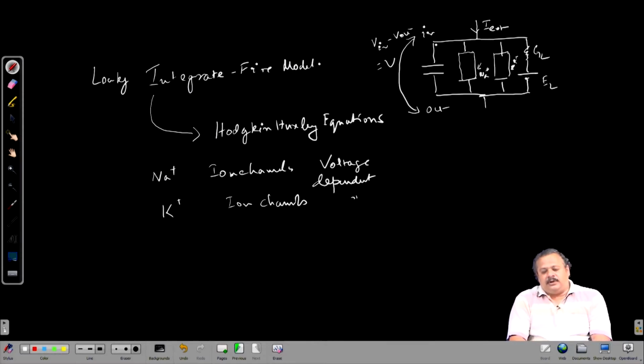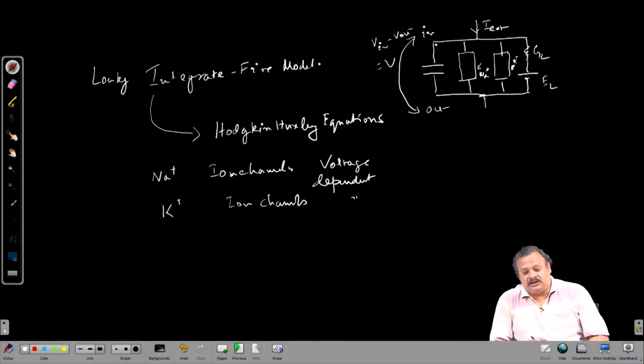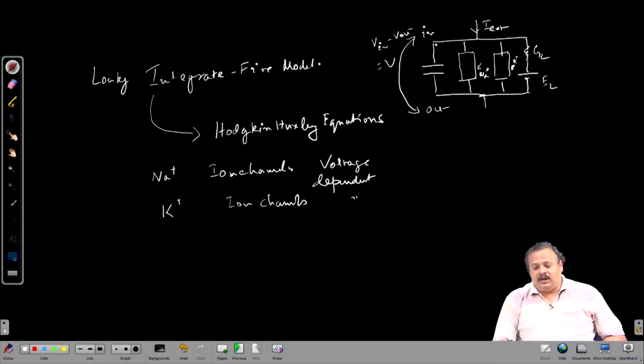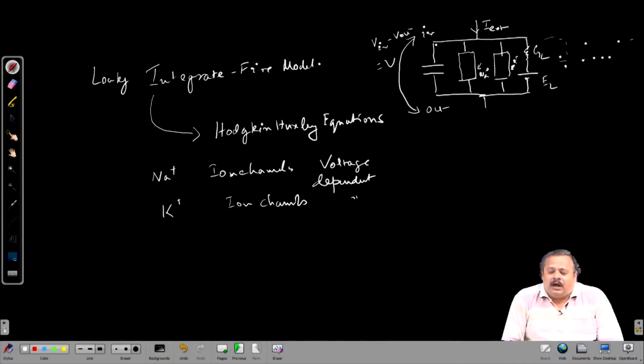This is for the potassium ion. If we have more other kinds of ion channels, which can be again potassium channels, but with different properties, not the kind of voltage gated potassium channels that we will be using here, then those will be additional parallel branches that can be added on here. We can have calcium channels, we can have chloride channels, and so on.